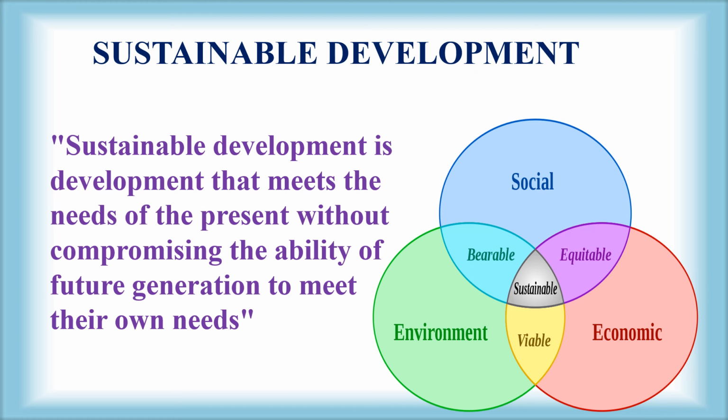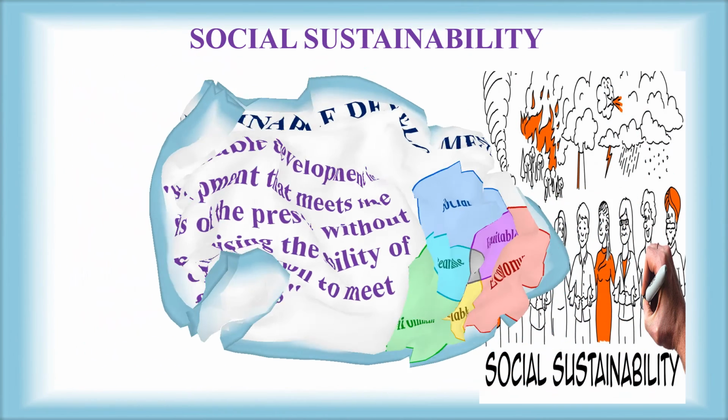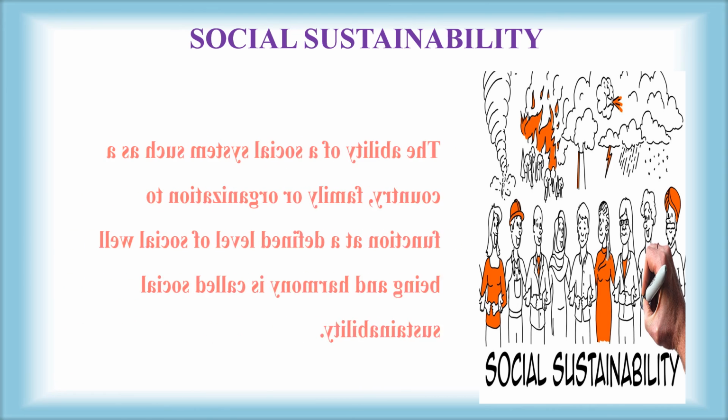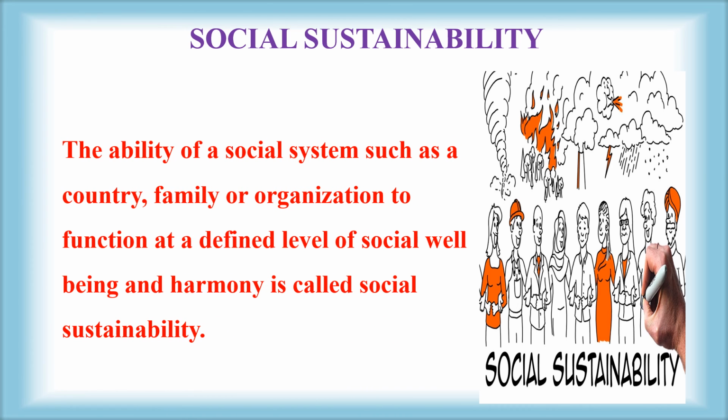Social sustainability is the ability of a system such as a country, family, or organization to function at a defined level of social well-being and harmony.